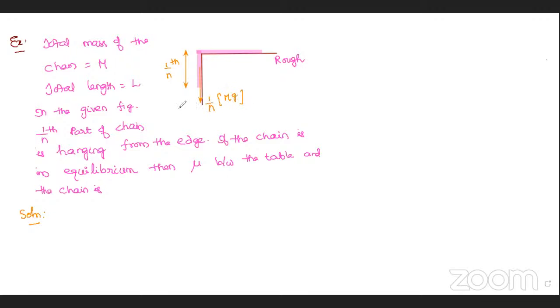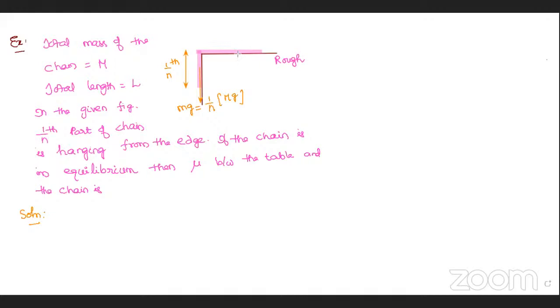Is it correct? This is mg acting here, the weight of this hanging part. Is this step correct, Nana? Those who followed this question. Yes. Okay, very good. The weight of the 1 by nth part is pulling the chain downwards, so immediately to oppose that motion, where is the friction existing?